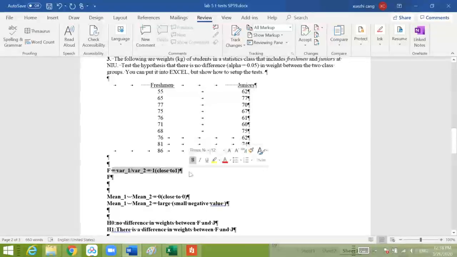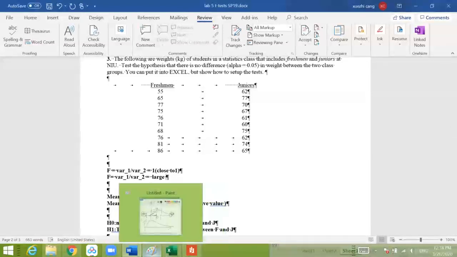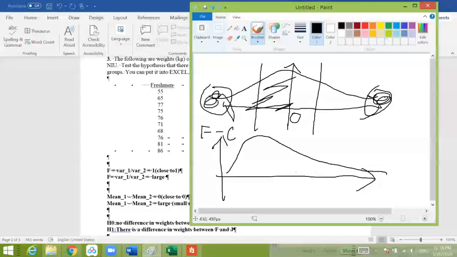But in another situation, if variance 1 and variance 2 have some significant differences, in this case, the F-score should be a very large value. So let's show this on the curve. Here is the 1. If the F-score is close to 1, it means it is within this range, in the middle part.